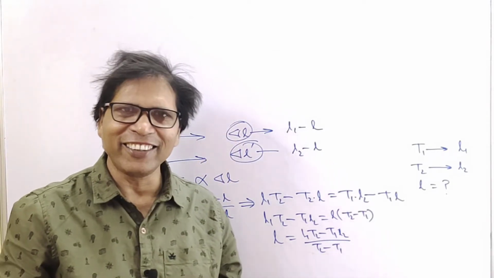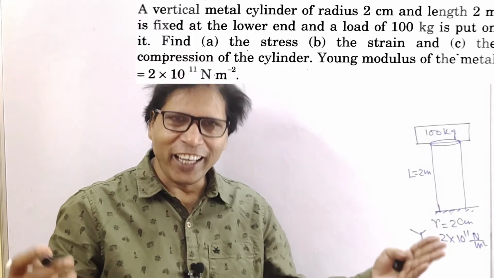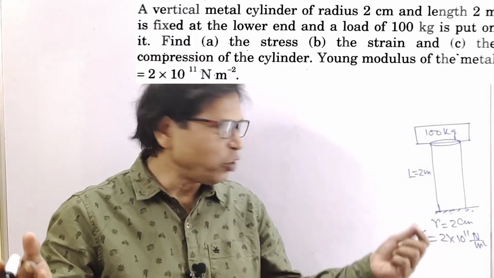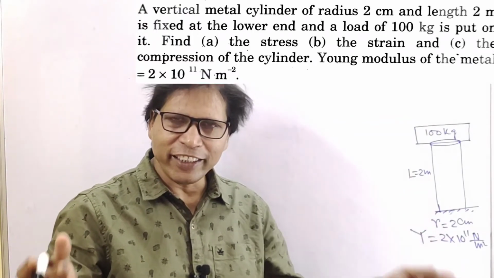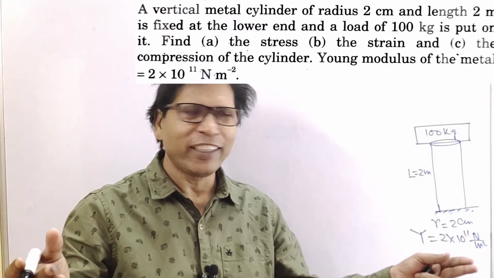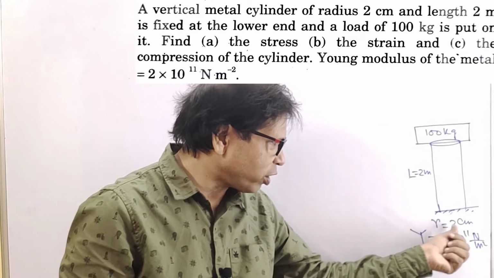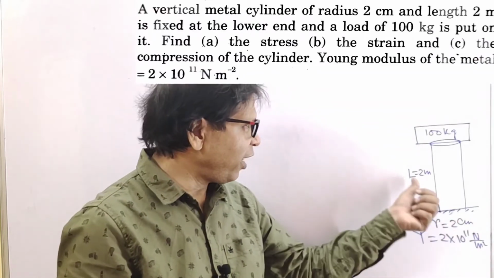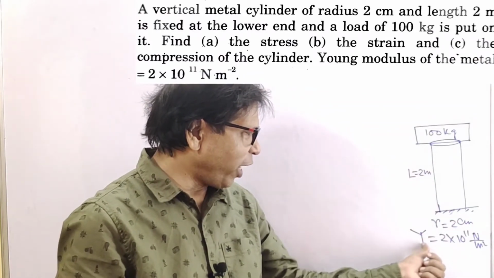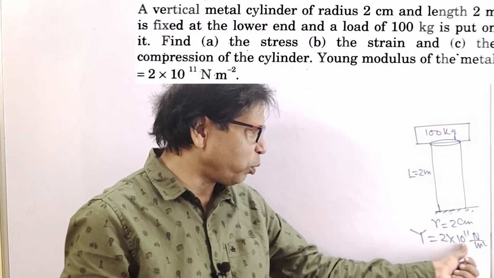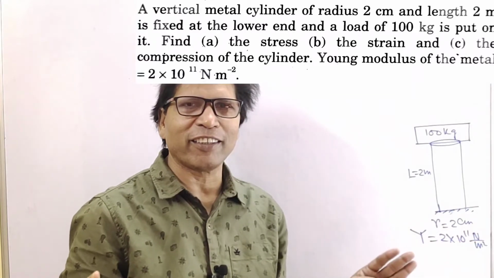Okay. Understood? Next, now a numerical relating to stress, strain and increase of length. Look at this. This is a rod of radius of cross section 2 cm, length 2 meter and Y equals 2 into 10 to the power 11 Newton per meter square.